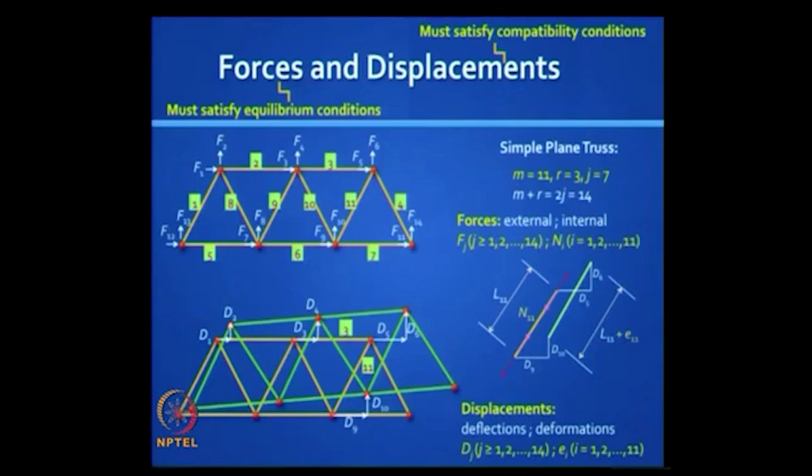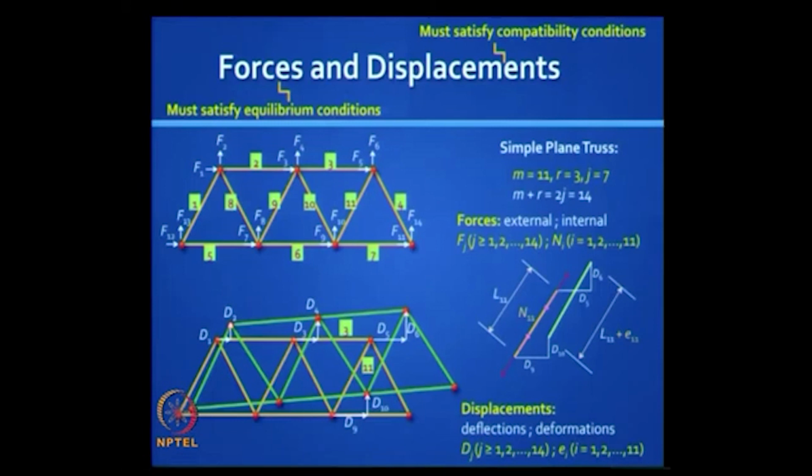Some of these forces could be reactions, and the corresponding displacements would be arrested. The rest of the joint forces would be direct actions, loads. The directions of those loads and the locations are marked, and from the internal side you have bar forces Ni and corresponding bar elongations Ei.